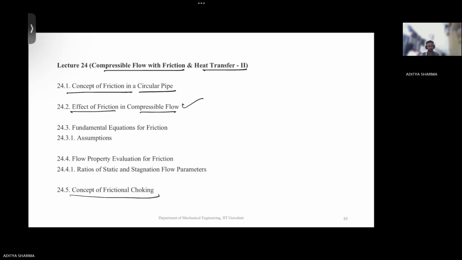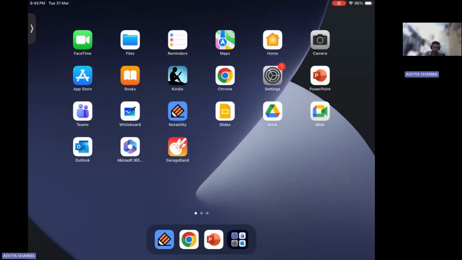Now there was thermal choking, so same way you have frictional choking. Because of friction, now your flow is getting choked.